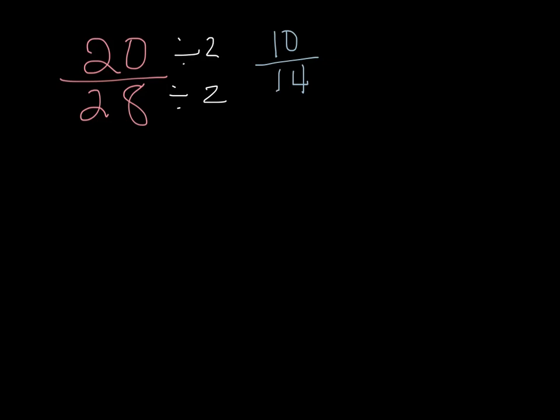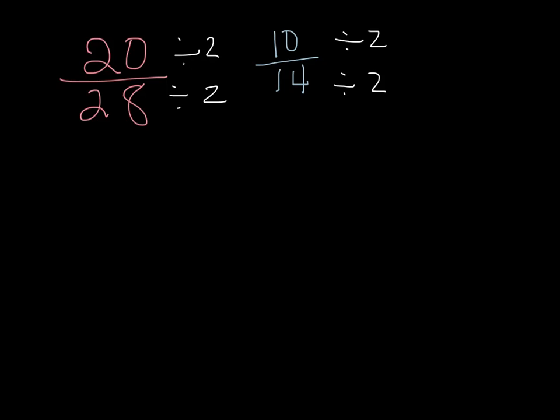But I'm looking at those, and 2 can still go into both of those. So I'm just going to divide by 2 one more time. And I would do this as many times as it takes to get down to digits where I cannot divide any more evenly.